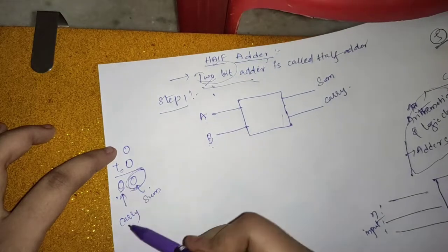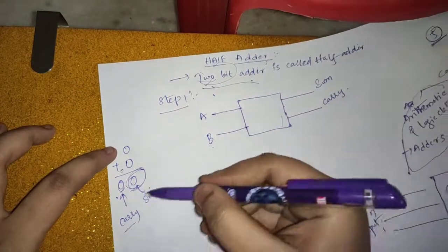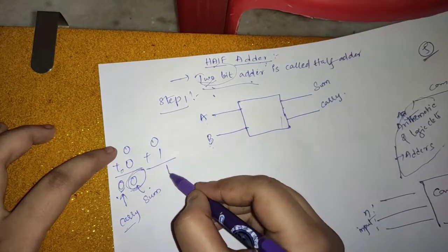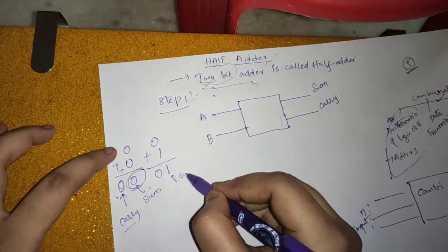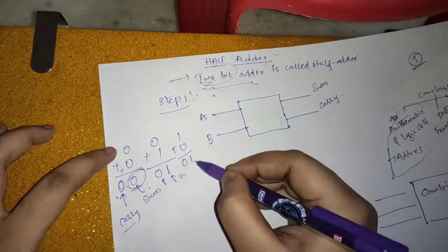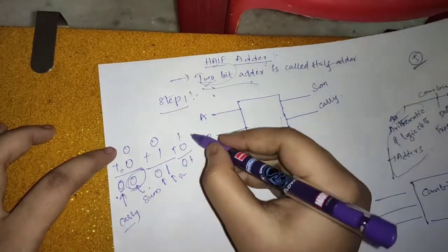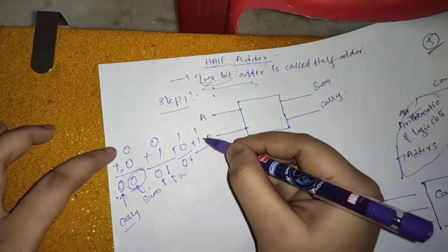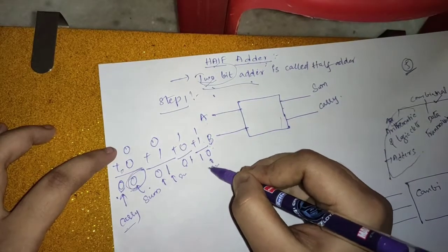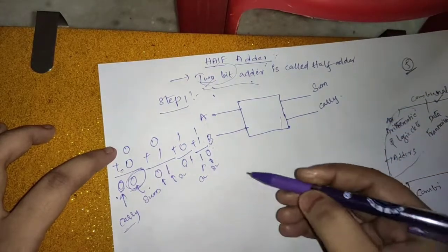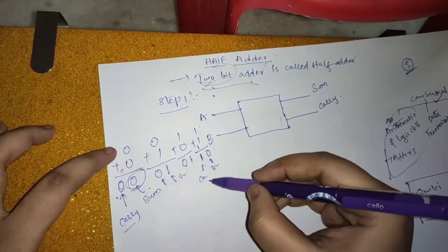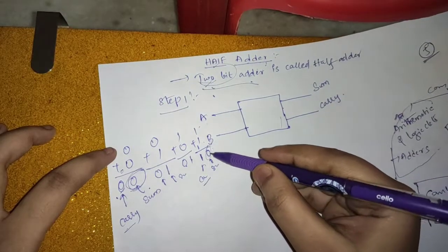When we add 0 plus 1, we will get 1 0. This is sum and this is carry. 1 plus 0 gives 1 0, 1 is sum and 0 is carry. If 1 plus 1 is added, we get 0 1. 1 plus 1 is 0, carry is 1. So this is carry and this is sum.